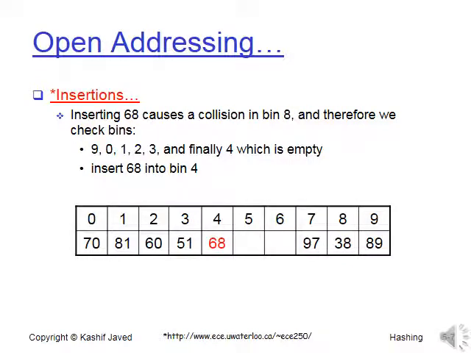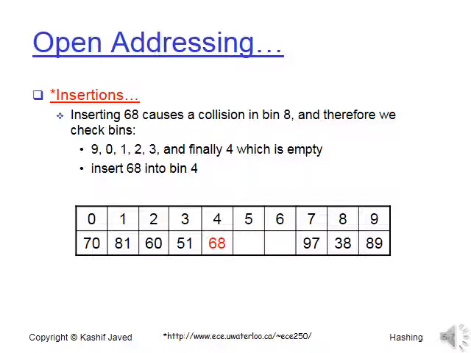Inserting 68 causes a collision in bin 8, since it's occupied by 38 and the least significant digit of 68 is 8. Therefore, we move forward and check bin 9, which is taken by 89. To move forward, we do a wraparound and go to bin 0, which is taken by 70.